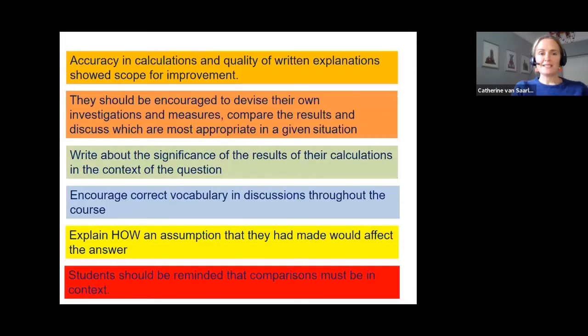I put these statements in because they're all taken from a collection of examiner reports across all the different core maths awards. And I think if you just take a moment to read them, what they're reinforcing is that students are quite good at the mathematical processes, and we're obviously very good at teaching mathematical processes, but what is challenging is teaching them to work within the context and to take their results and actually apply what they mean.